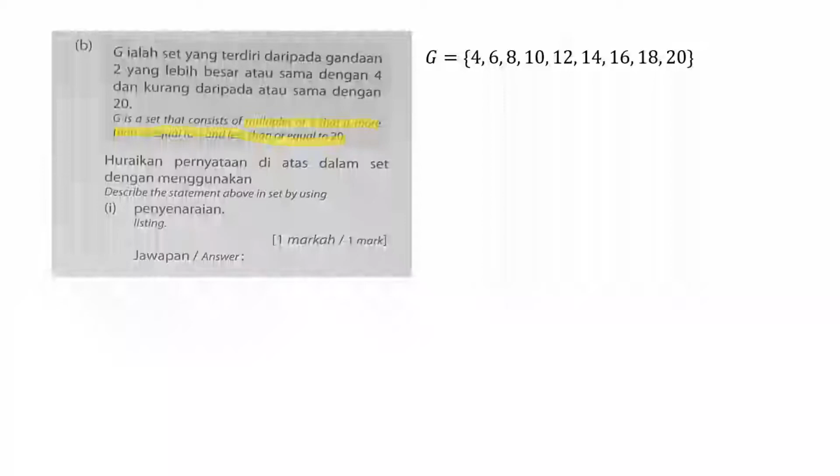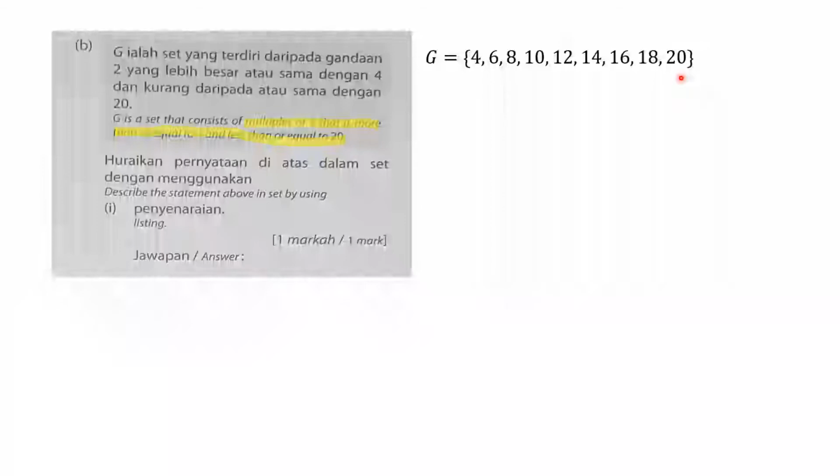Next, we'll come to question B. In this question, we'll need to list set G that contains multiples of 2, that is more than or equal to 4 and less than or equal to 20, which is given in the statement. Hence, you could see the list of numbers in the answer given can be divisible by 2, which starts from 4 and ends at 20.